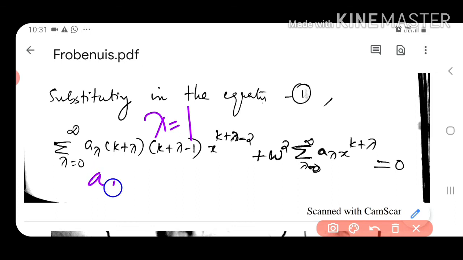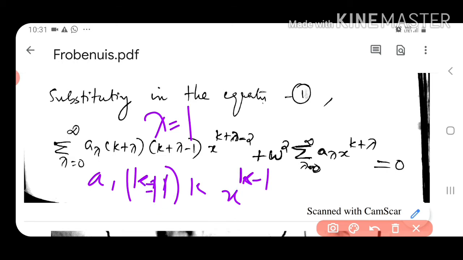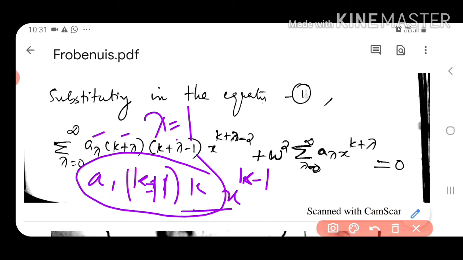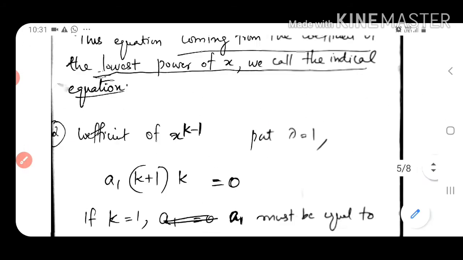So we have a1 here, k plus 1 here, k here, and x to the power k minus 1. So this is the coefficient a1 from here, then k plus 1 here, and k here.